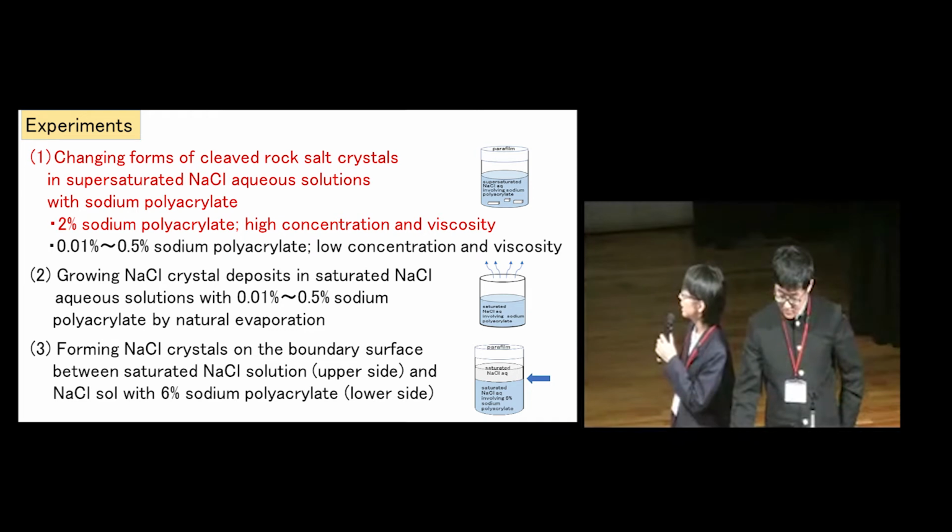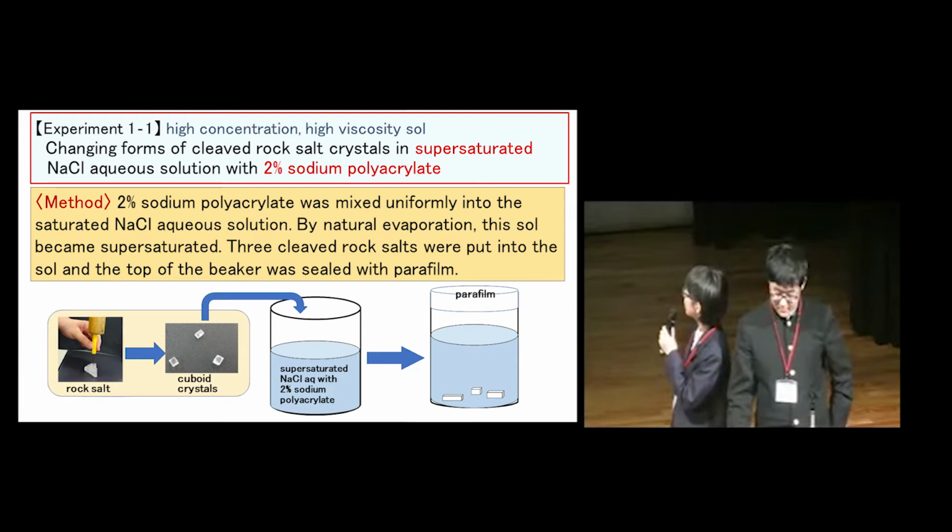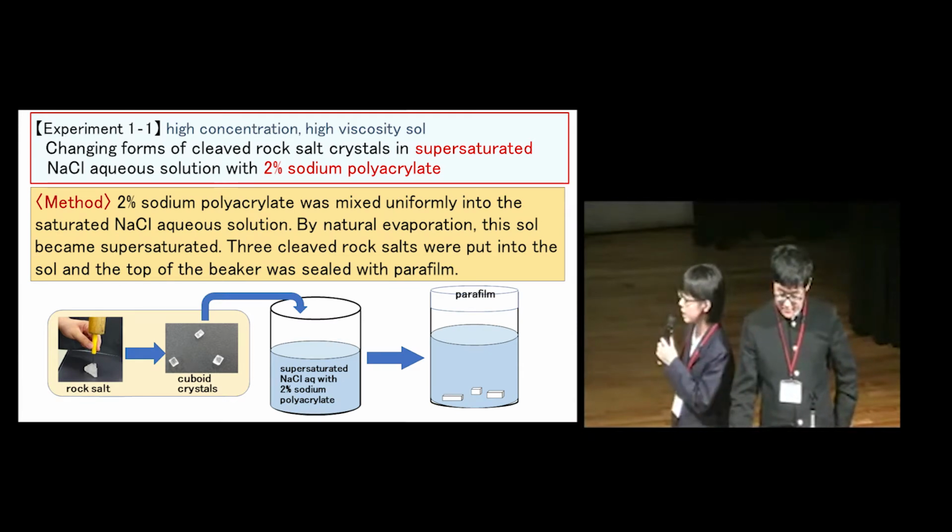Experiment 1, changing forms of cleaved rock salt crystals in supersaturated NaCl aqueous solutions with sodium polyacrylate. First, we used supersaturated NaCl aqueous solution with 2% sodium polyacrylate. We made this solution supersaturated by natural evaporation, and we put cleaved rock salt into it and sealed the top of the beaker with paraffin.